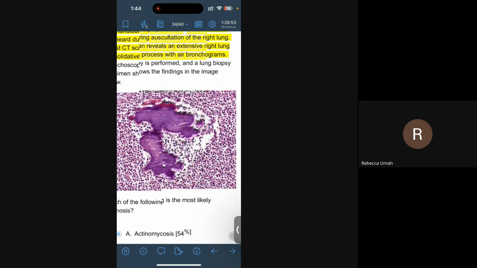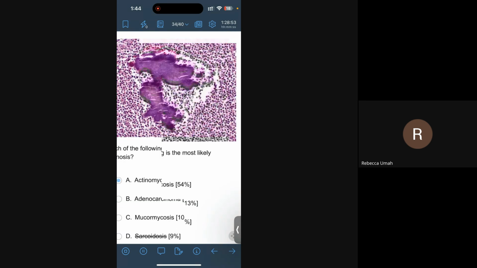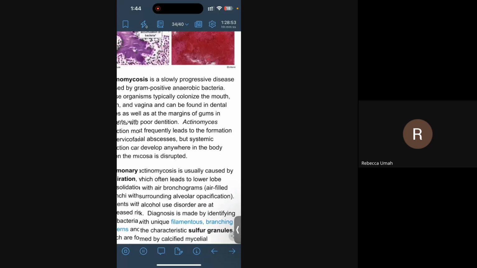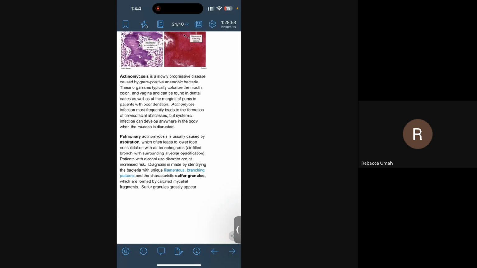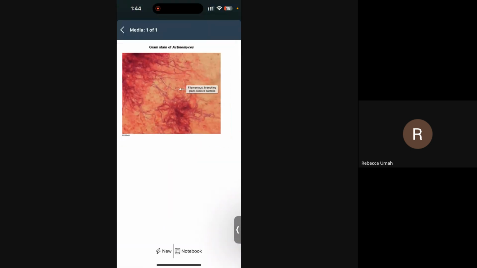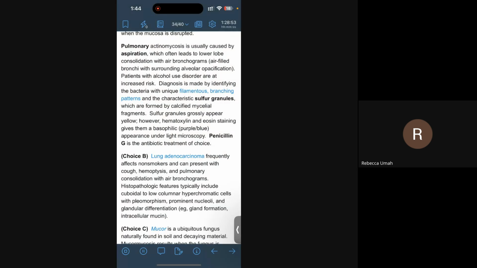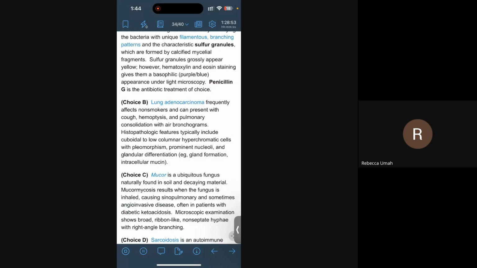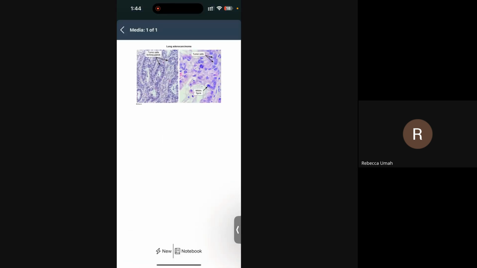These are the filamentous branching pattern. And lung adenocarcinoma looks like this, which is not in this case.